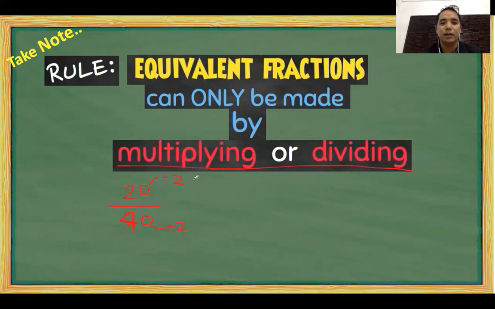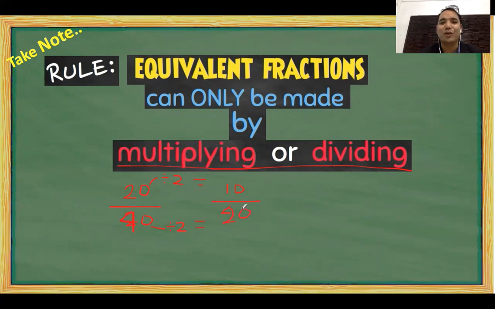What is the answer? 20 divided by 2 is equal to 10. 40 divided by 2 is equal to 20. Okay, great.